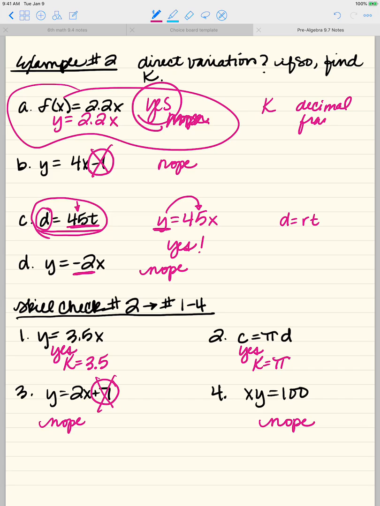It can be a fraction. It cannot be negative, so it has to be positive. K cannot be negative. Okay? K can be a decimal, K can be a fraction, K can be positive, K cannot be negative. Sorry to have added that little piece of confusion.